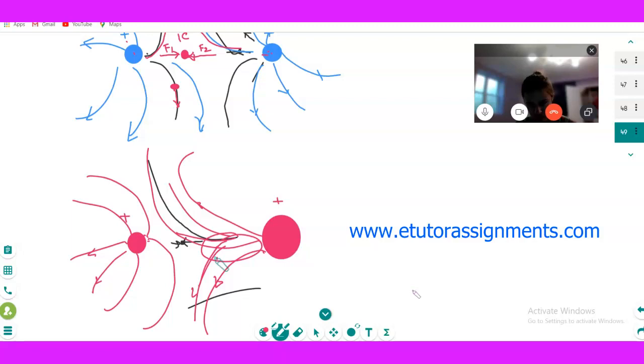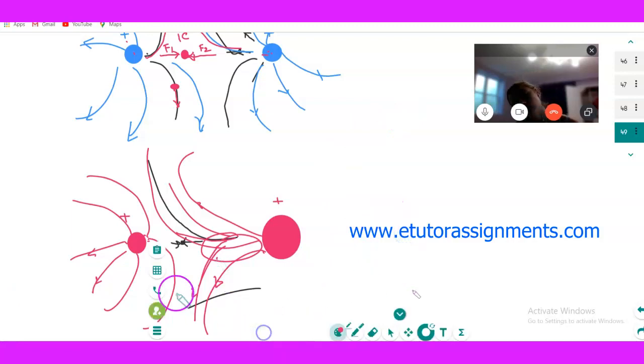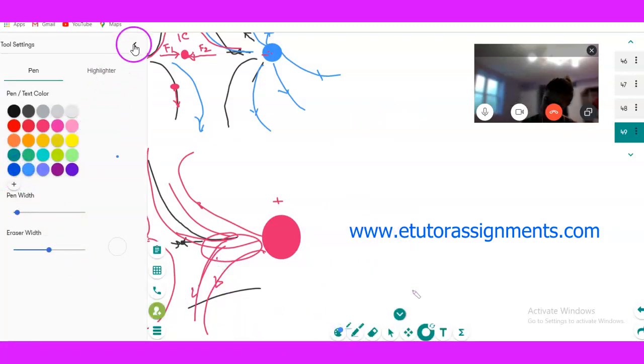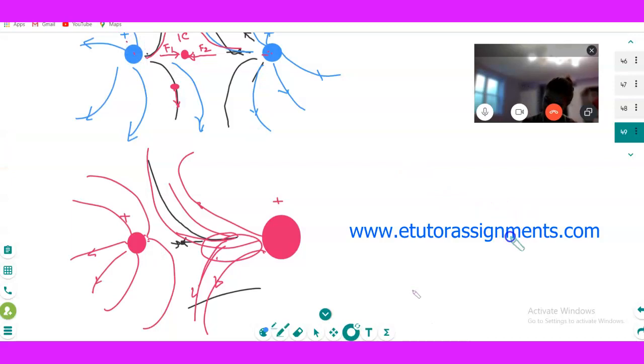Now if two opposite charges are there, can you draw the electric field line for these two? So this is going to be going outside, and this is force, and this is force going inside.